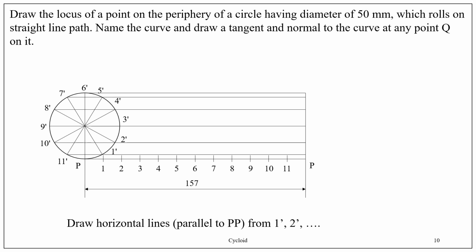All the lines must end at P. Therefore, there is a vertical line at P. If you observe, line from 11 dash passes through 1 dash, line from 10 dash passes through 2 dash, line from 9 dash passes through 3 dash. Similarly, 8 dash to 4 dash, 7 dash through 5 dash.